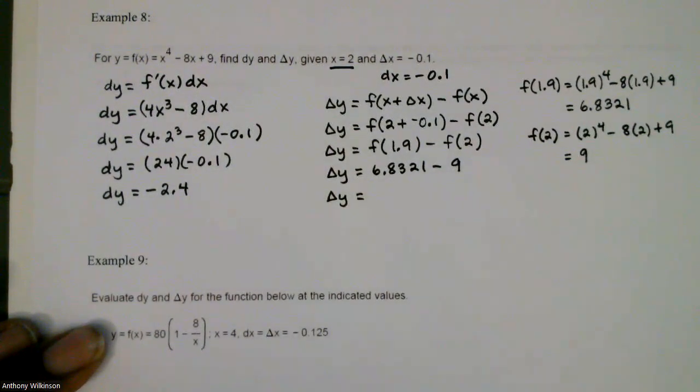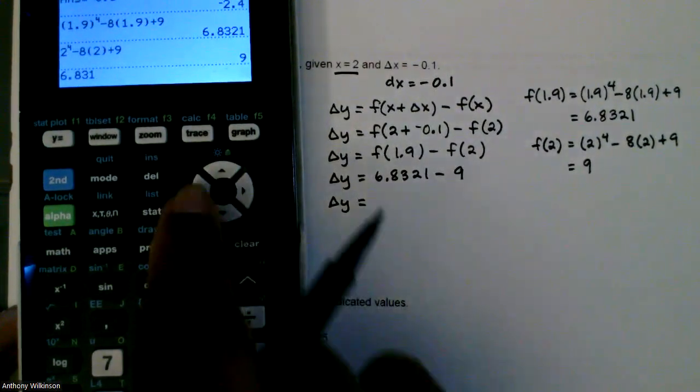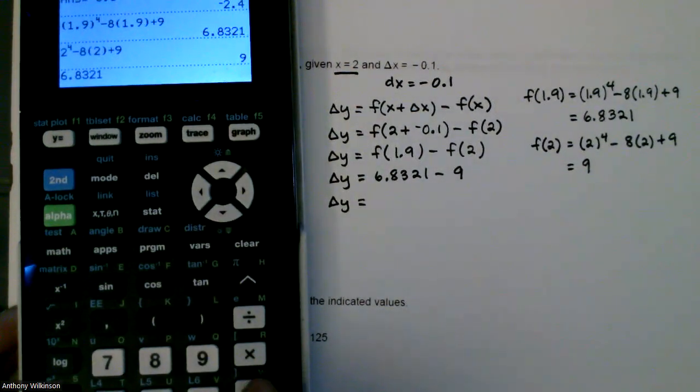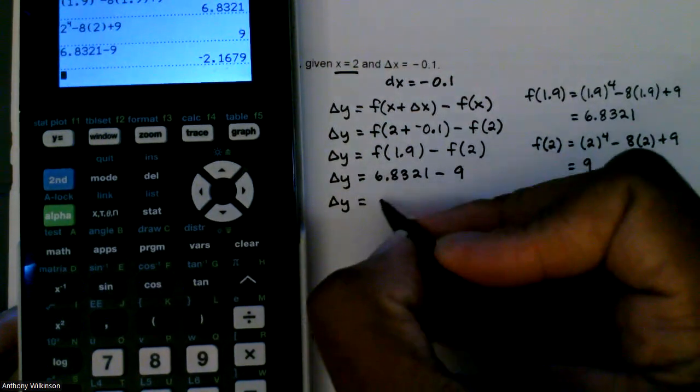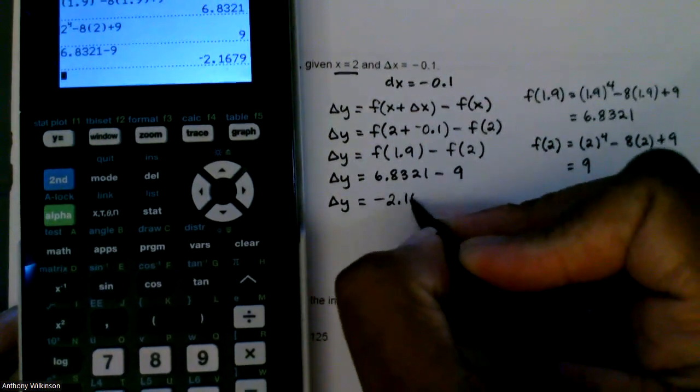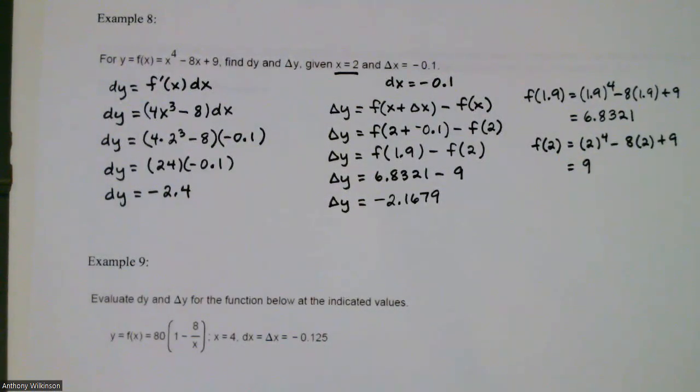So delta y would be 6.8321 minus 9. This would be negative 2.1679. So in this case here, dy is negative 2.4 and delta y would be negative 2.1679.